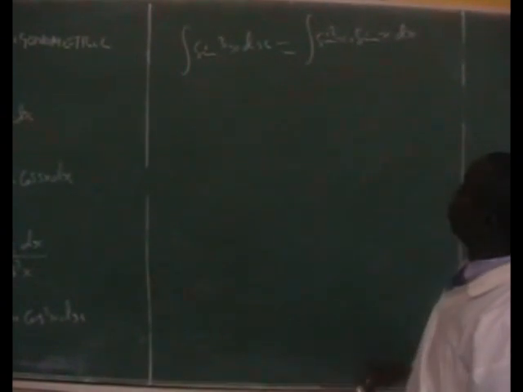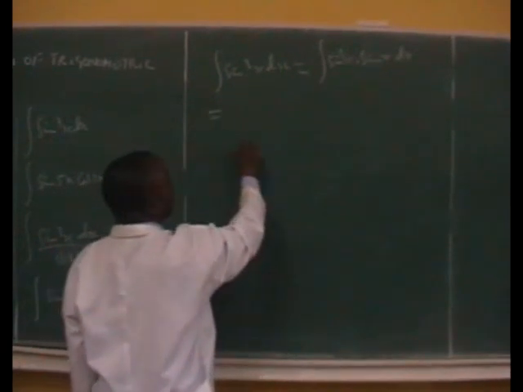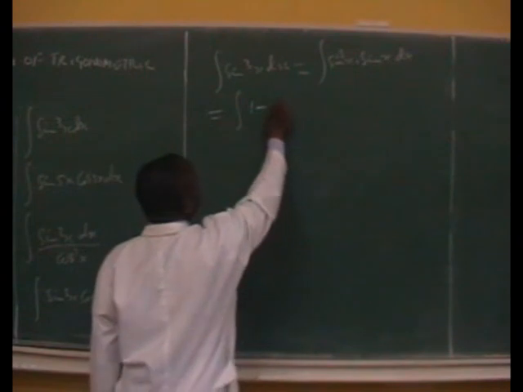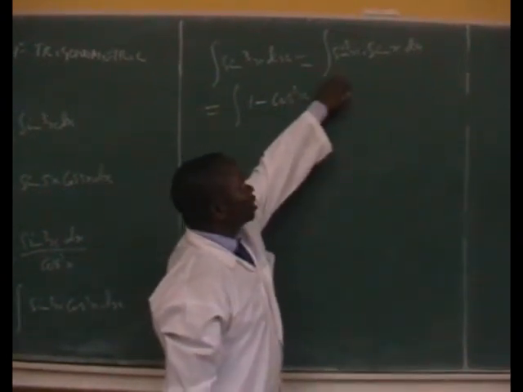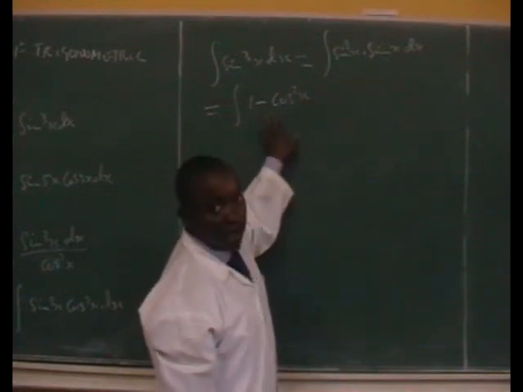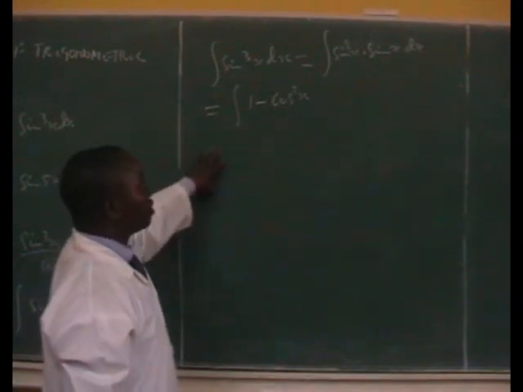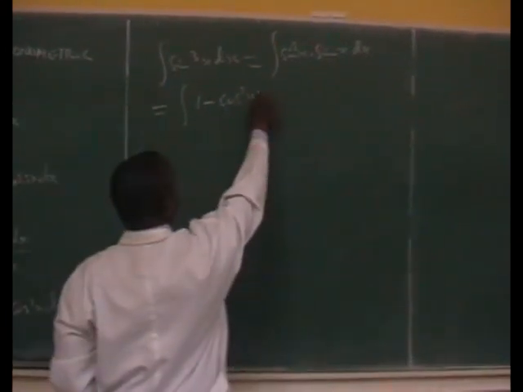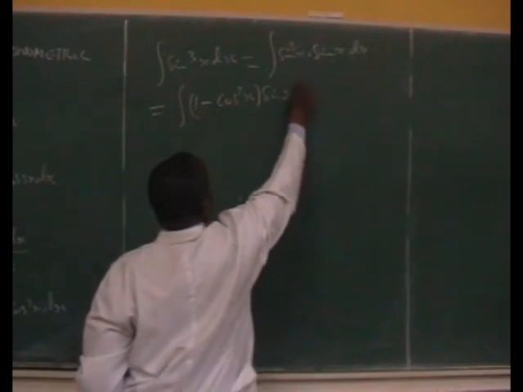Now if I tie this in, you will see that this is the same thing as writing integral of 1 minus cos square x. Of course, you know from trigonometry that sine square x is the same as 1 minus cos square x. The ability to integrate trigonometric functions is knowing the identity. We know the identity, you can use that. And then we have sine x dx.